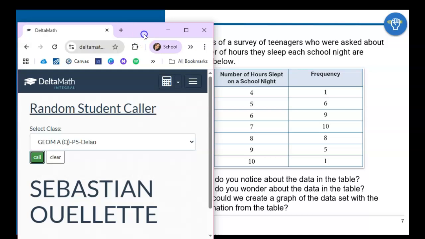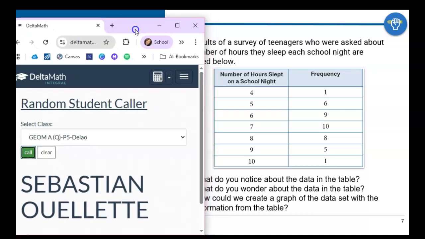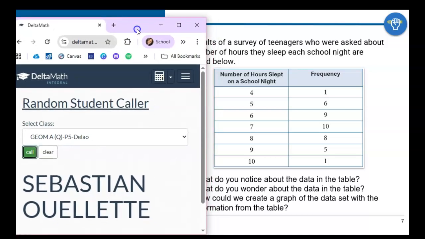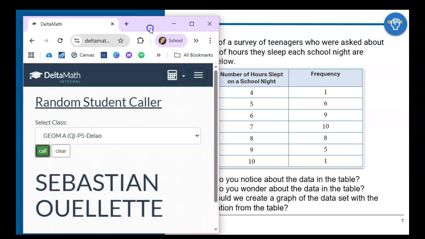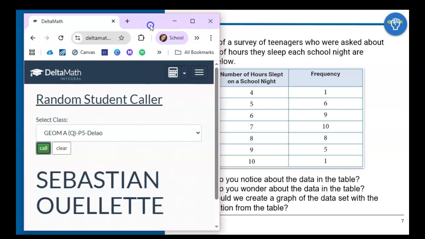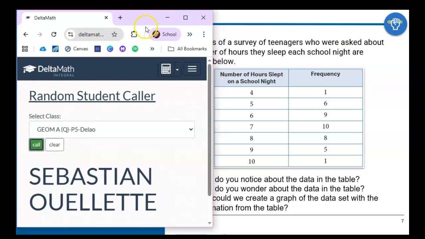So how could we create a graph? You could what? What, Glorian? Putting it in Desmos, thank you.